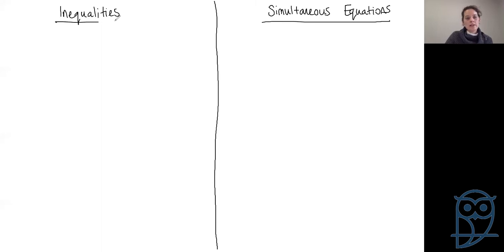So these two are slightly different, because these two are where we're working with our quadratics rather than understanding the quadratic in the same way. So for an inequality, we are working through a set of steps. First off, we need to relate our quadratic to 0. We're going to then look for critical values.